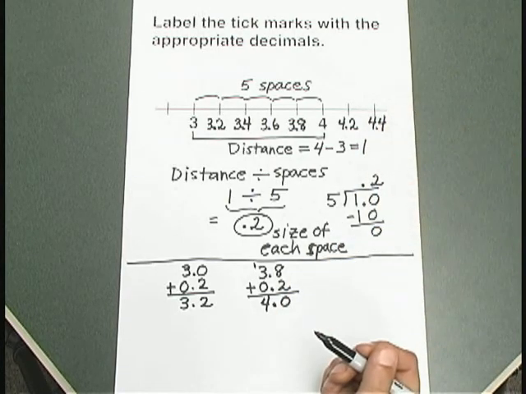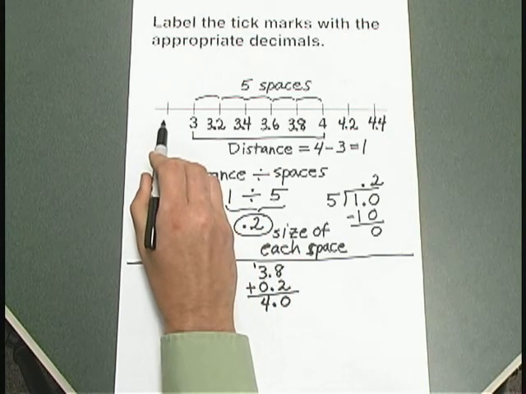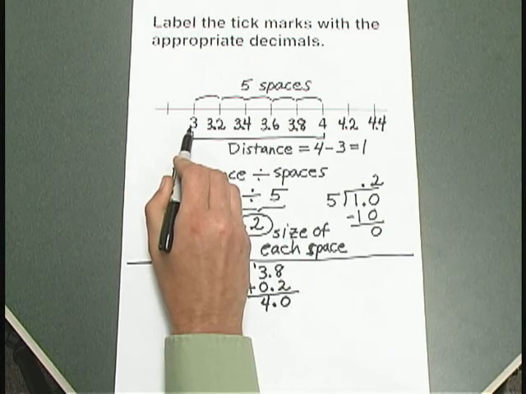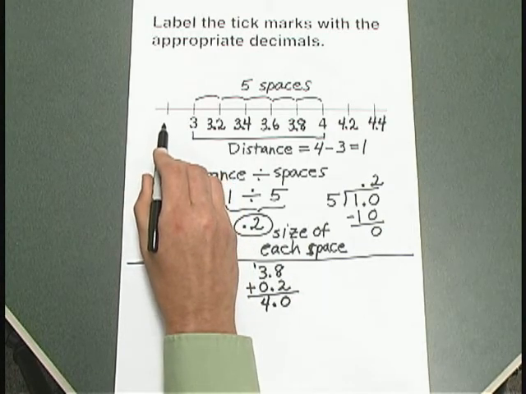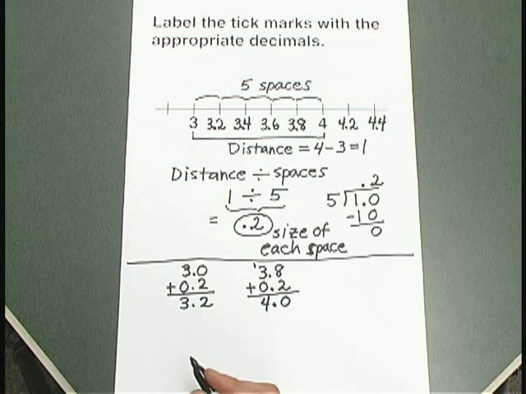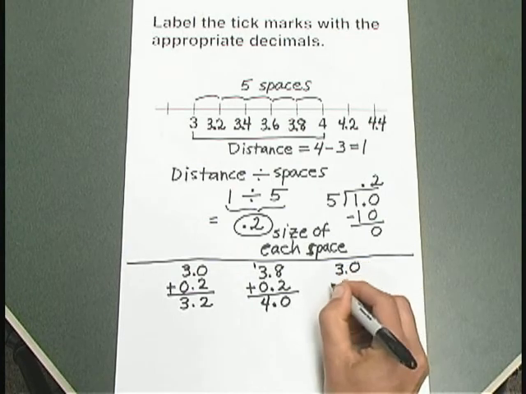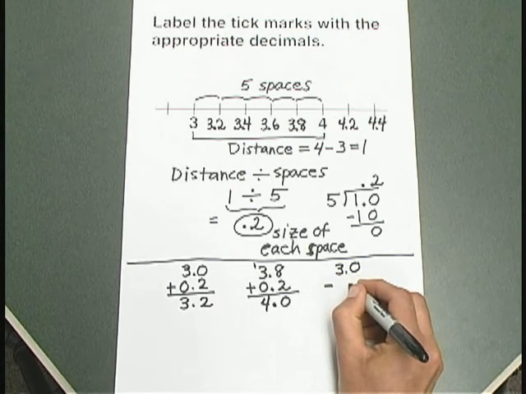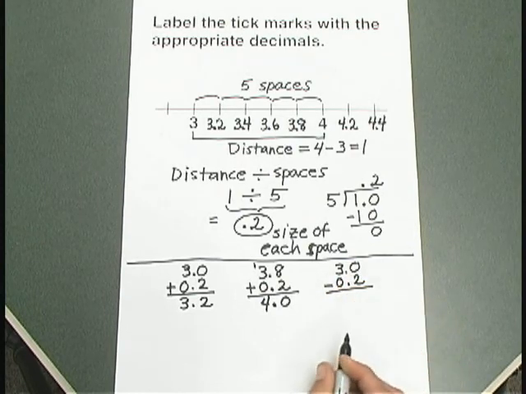And now I have one more tick mark to fill in here. I have a tick mark that's to the left of the 3. In order to fill in a decimal there, I need to subtract 0.2 from 3. So I could take 3.0 minus 0.2.